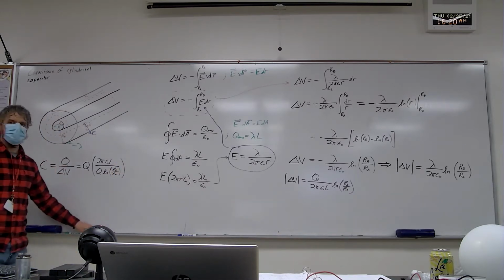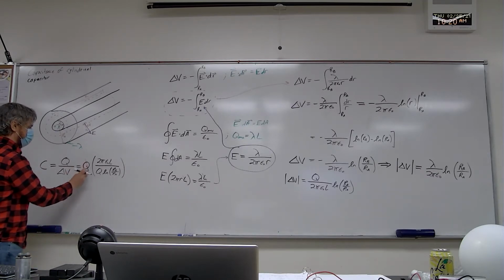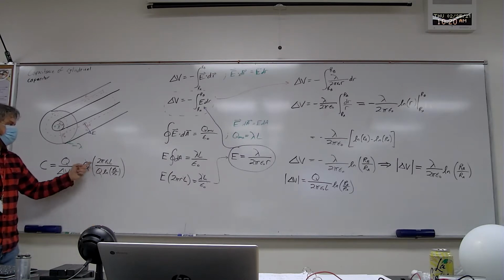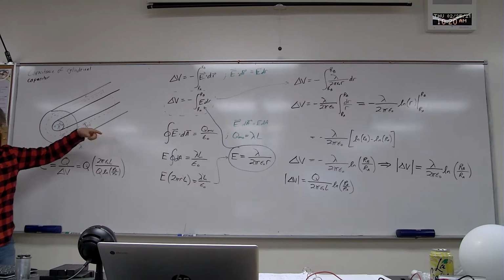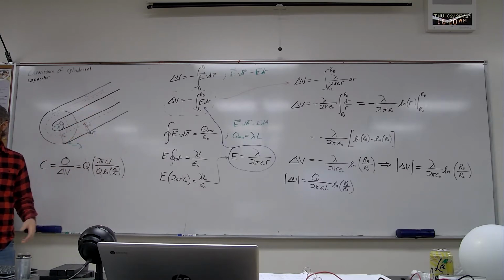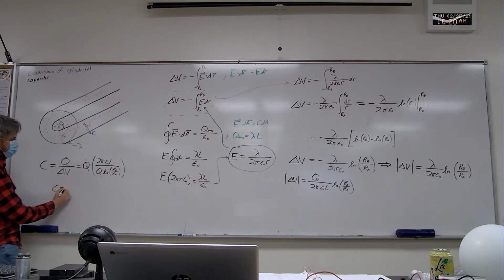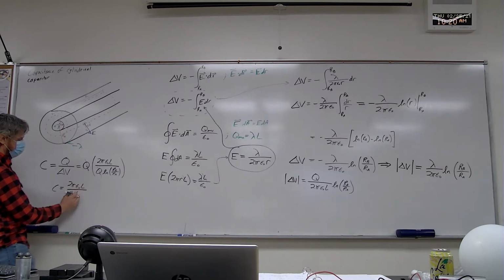And as we notice, and as we should expect, if we understand capacitance, the charge cancels. And the only things that are left are fundamental constants and quantities related to the geometry of the capacitor, right? So our capacitance here for a cylindrical capacitor will be 2 pi epsilon naught L over the natural log of RB over RA.